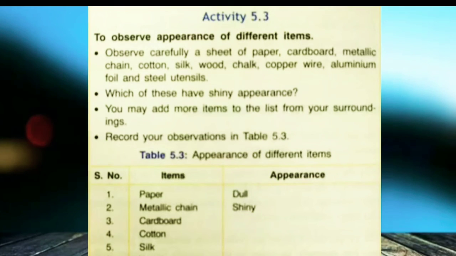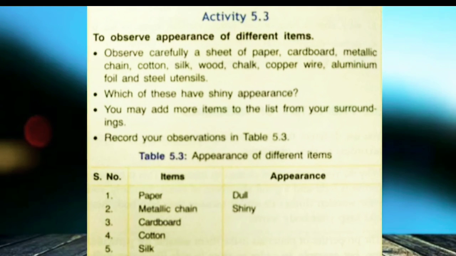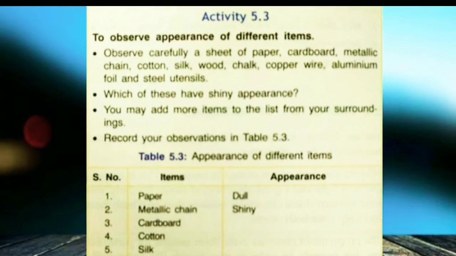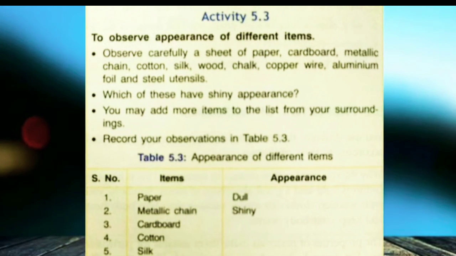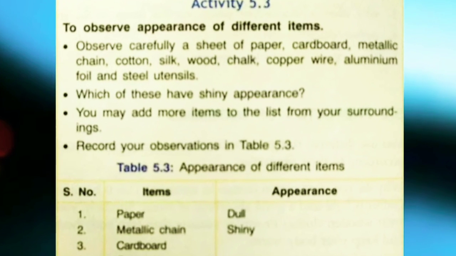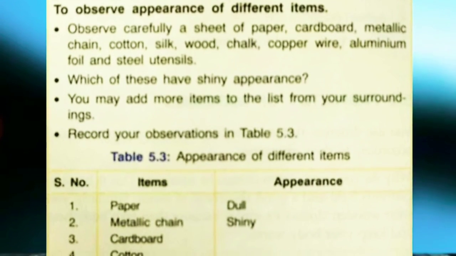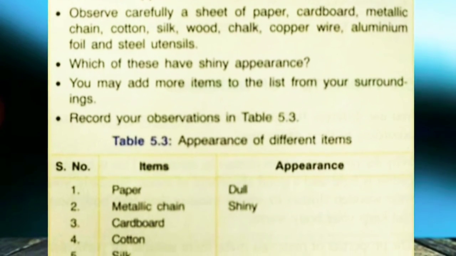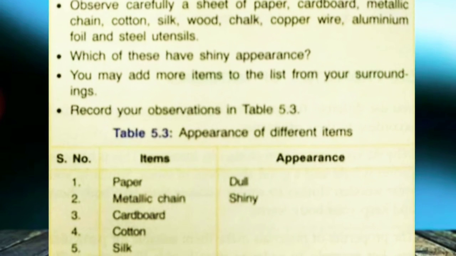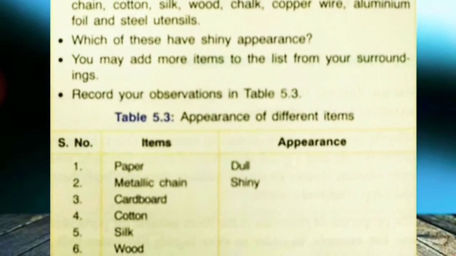I named this activity 5.3, and in this activity we will observe the appearance of different items carefully: a sheet of paper, cardboard, metallic chain, cotton, silk, wood, chalk, copper wire, aluminium foil and steel utensil.